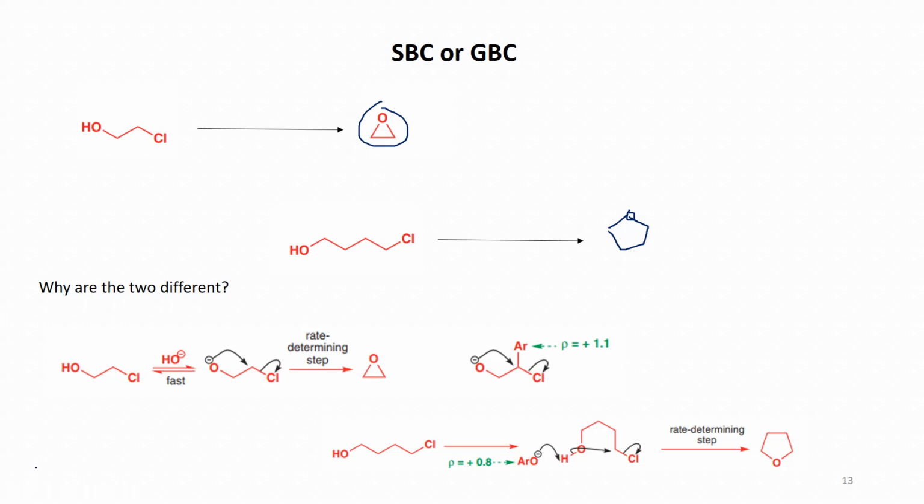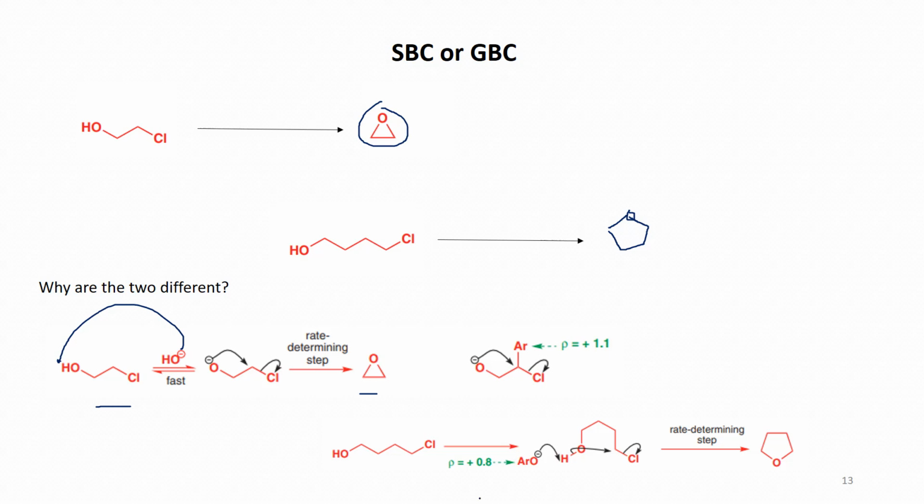Here, in the first reaction, the base first deprotonates this OH, forming this O minus, and this O minus attacks and the leaving group gets removed from the system, forming our desired product.